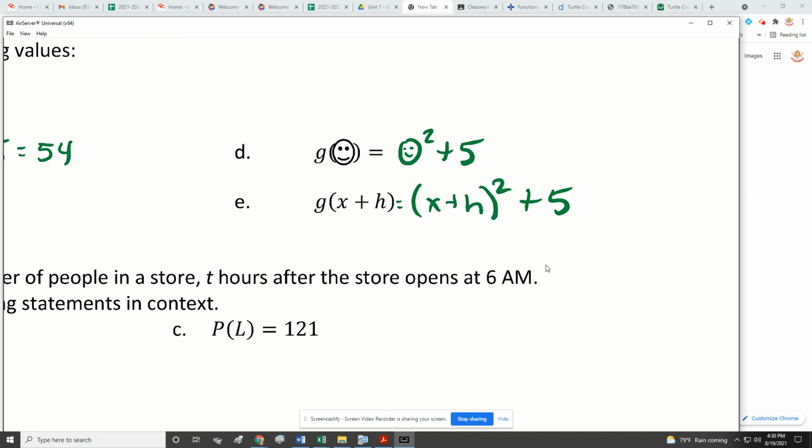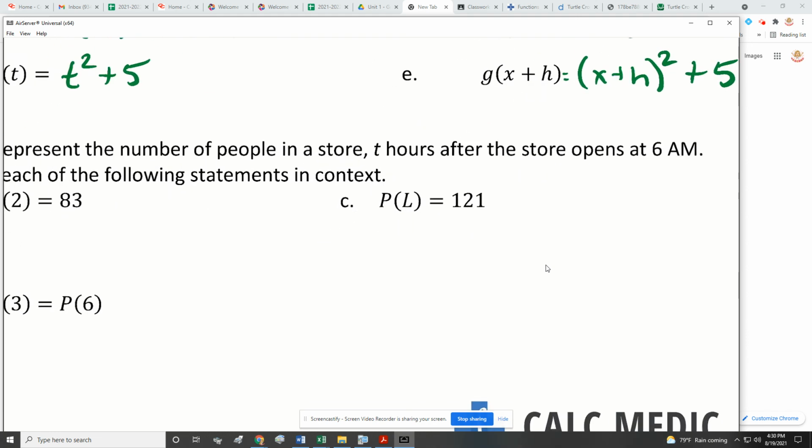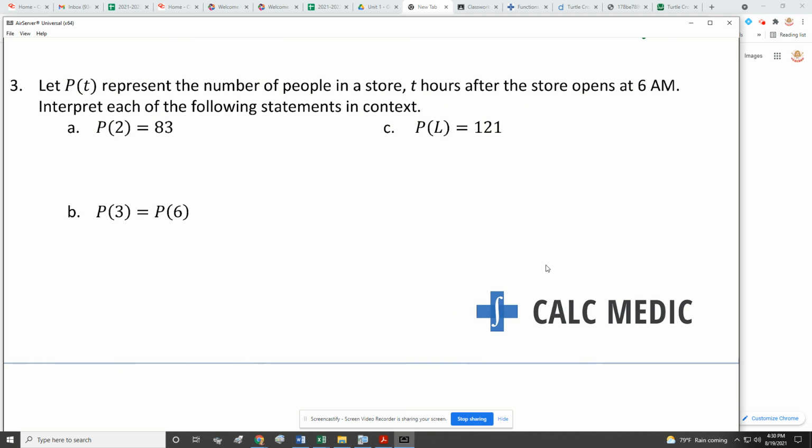And then the last part, we're going to kind of interpret this function. So we're going to let P of T represent the number of people in a store T hours after the store opens at 6 a.m. And we're going to interpret the following statements in context. So P of 2 gives us 83.